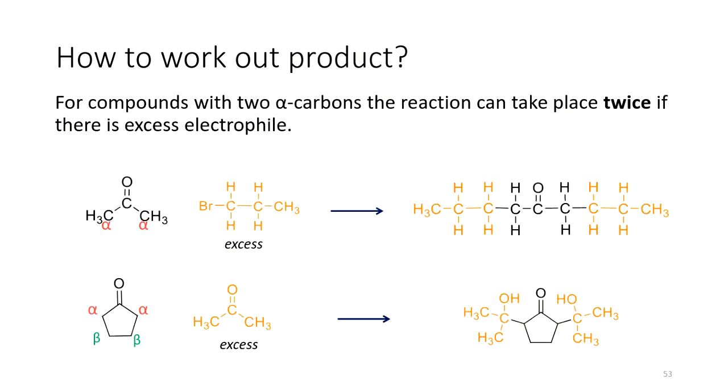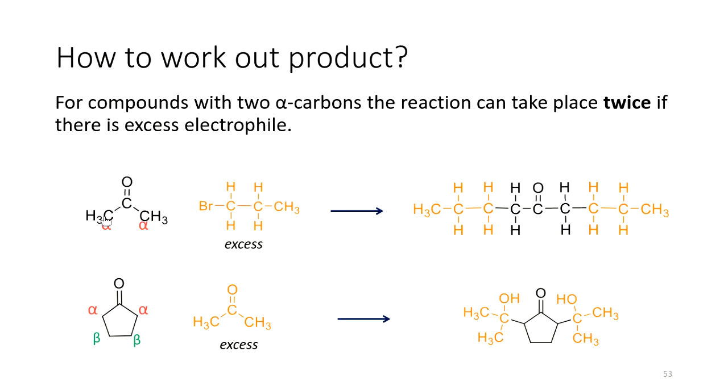Oh, yes, before we go through the mechanism for all of these, you would have noticed that some structures have more than one alpha carbon, and so the reaction can take place at both of our alpha carbons if you have enough electrophile. So if you had more than one equivalent of your electrophile, the reaction could take place here, and then you still have some left over to take place at the other alpha carbon.